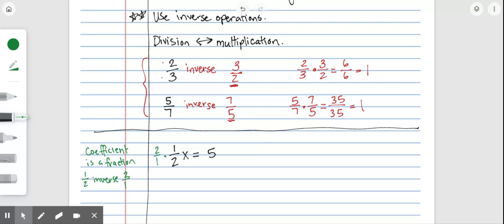Okay, but because this is a balance, because it's got the equal sign, I need to multiply the other side by 2/1 as well. Okay, so then on the left-hand side, I get 2/2x, and on the right-hand side, I get 10/1. So 2/2 becomes 1x equals 10.